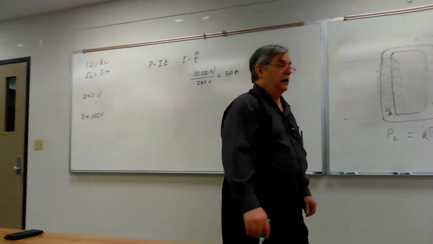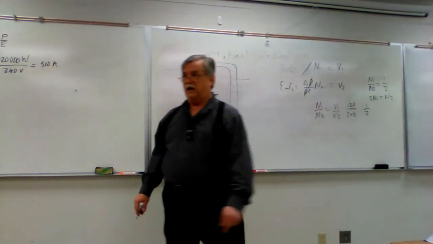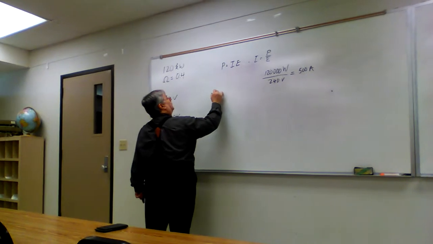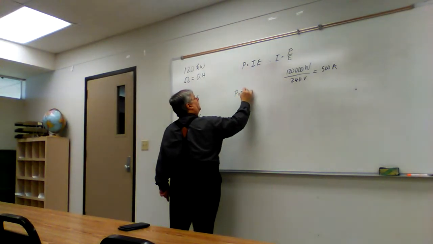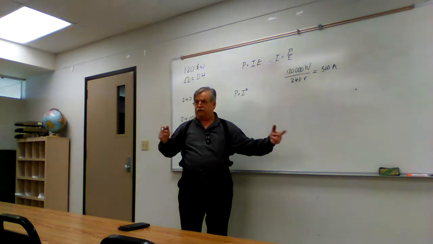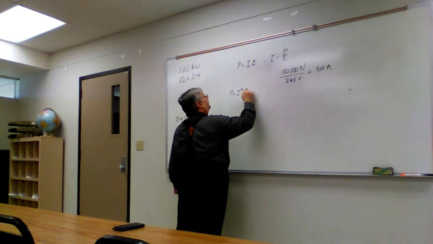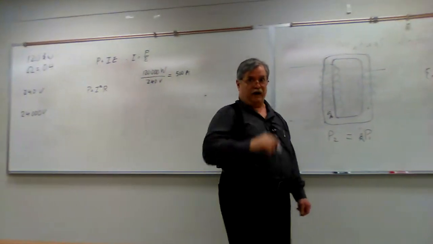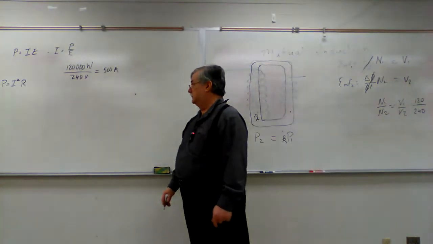Well, now we can look at how much power is lost with that much current, actually dissipated in the transmission lines. It's I squared times R. So 500 squared is 2,500?